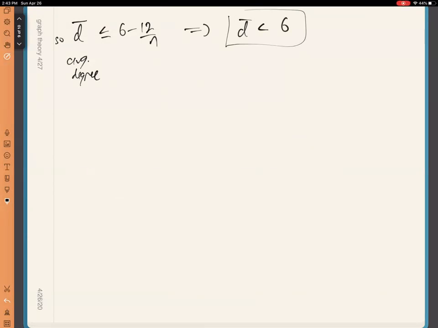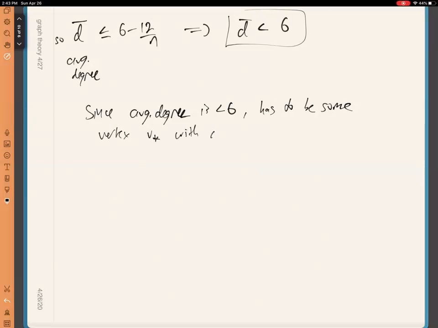And so since the average degree is less than 6, there has to be a vertex of degree less than or equal to 5. So there has to be some vertex, let me call it V star, with degree of V star less than or equal to 5.